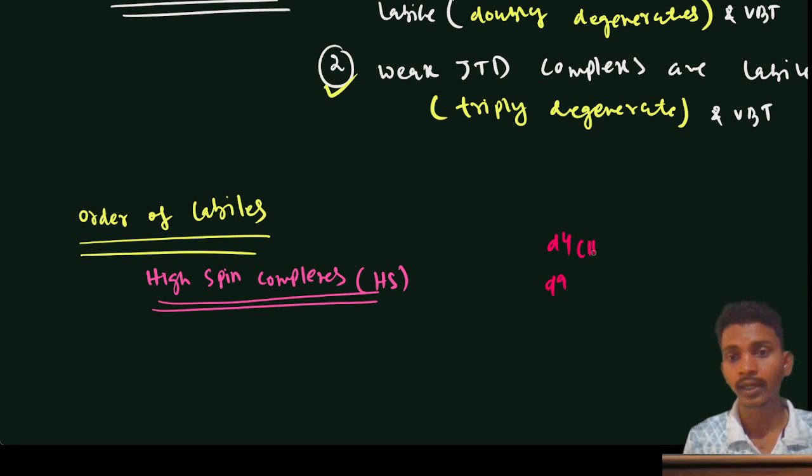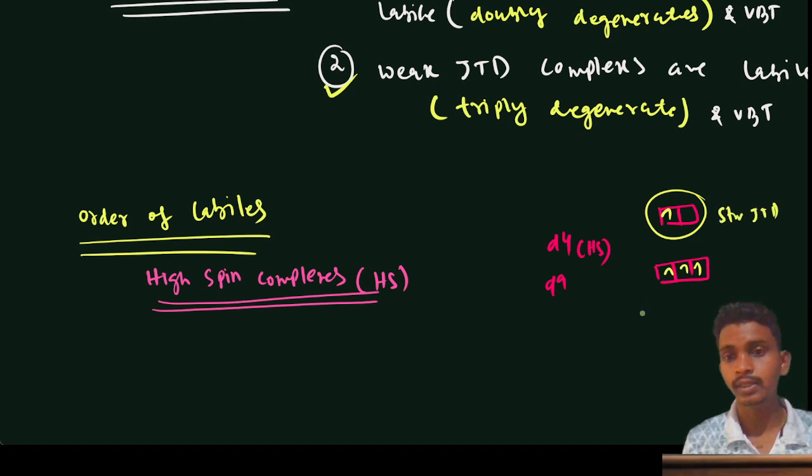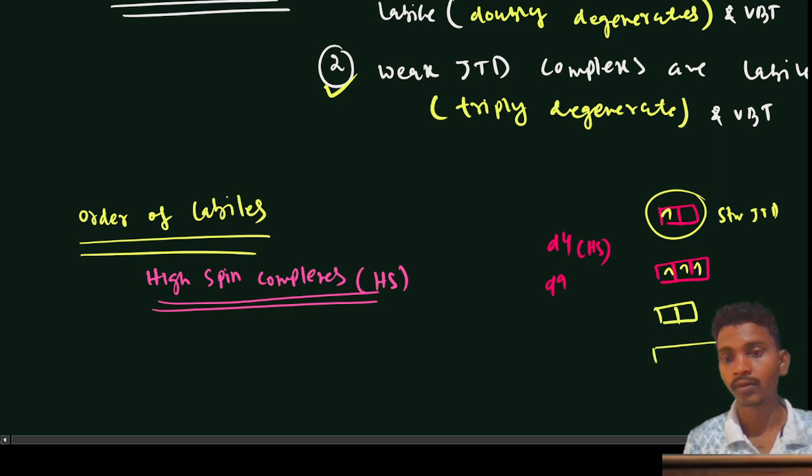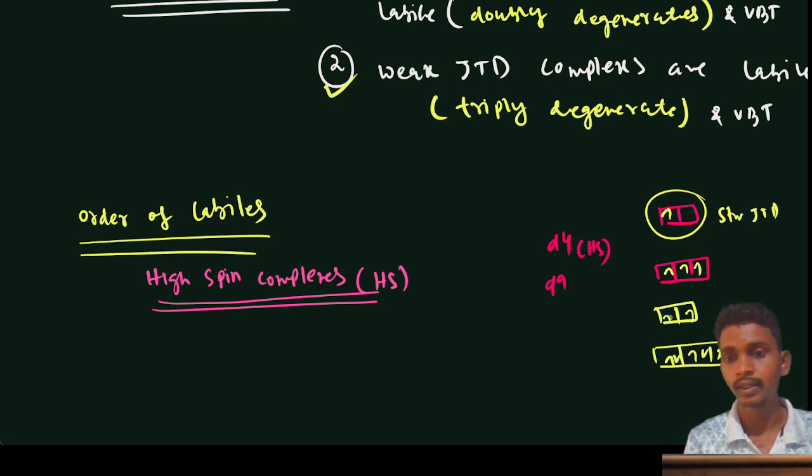This is high spin, so electrons 1, 2, 3, 4. So doubly degenerate. So this is strong JTD. And D9's case: 1, 2, 3, 1, 2, 3, 4, 5, 6, 7, 8, 9. So doubly degenerate. So this has the strong JTD.